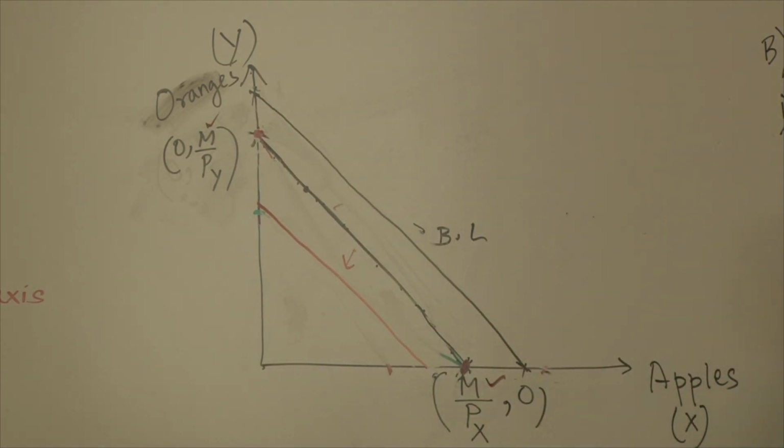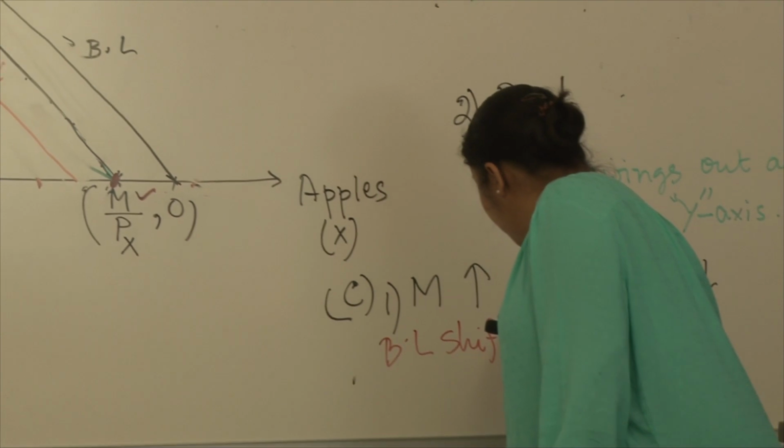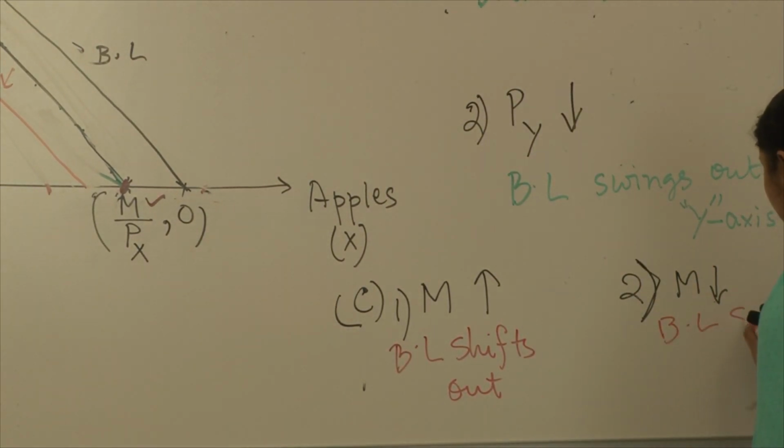So, both those points must change mathematically also if M changes, because the numerator would change in both cases, correct, even if the denominator stays the same. Now, the next question that we come up to, so here we can say budget line shifts out and budget line shifts in.